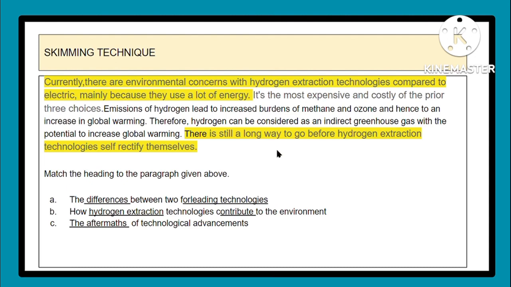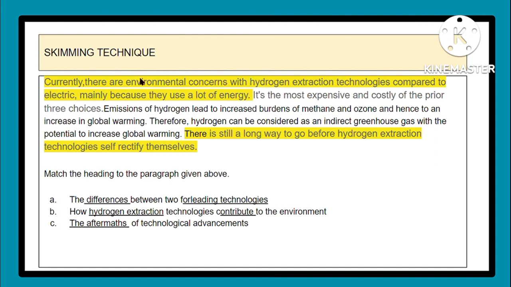So I'm going to move on to the next one. I have already highlighted hydrogen extraction and contribution. I have a gut feeling that this could be the answer, the heading for my text, because once again, there is an environmental concern with the hydrogen extraction, which is a paraphrase of the question.